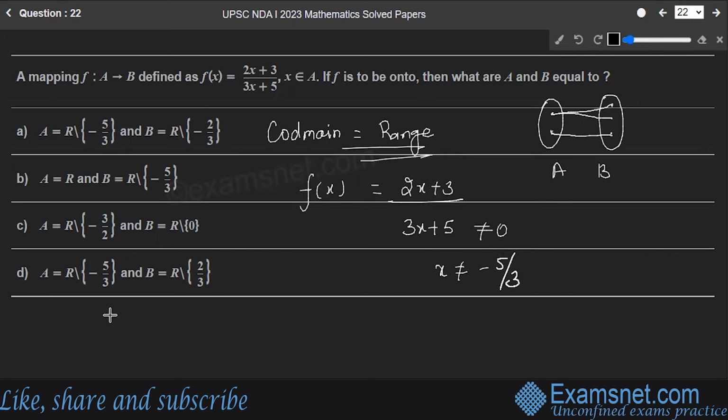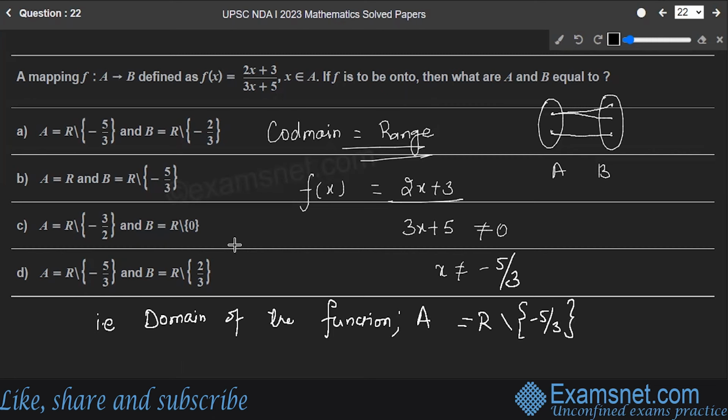That is, the domain of the function should not contain x is equal to minus 5 by 3. That means the domain A will contain all the real numbers except minus 5 by 3. Minus 5 by 3 is present in option A and D. Let's work on the rest of the sum now.